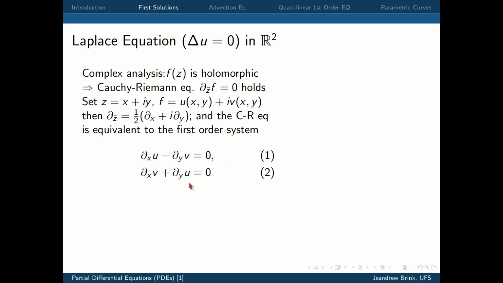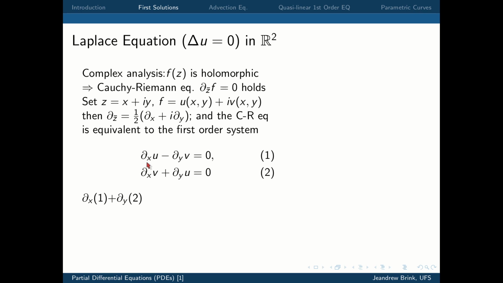This is an example of a system of first-order equations. You now have two dependent variables u and v, two independent variables x and y, and you want to solve these together. What you can do is try to get rid of one of the dependent variables by taking the derivative with respect to x of the first equation, and adding the derivative with respect to y of the second equation.